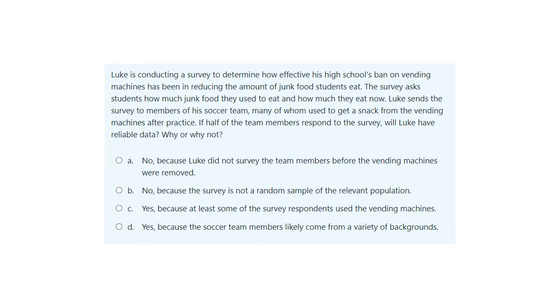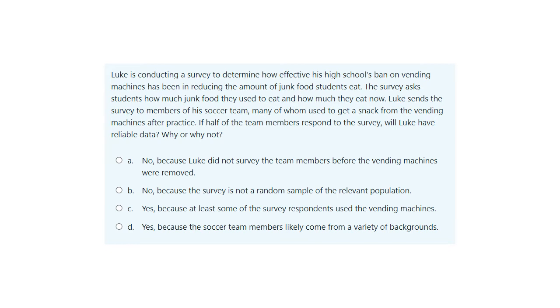Luke is conducting a survey to determine how effective his high school's ban on vending machines has been in reducing the amount of junk food that students eat. The survey asked students how much junk food they used to eat and how much they eat now. So in a school, they used to have machines that sold food, like chocolate, crisps, Coca-Cola, Fanta, those kind of machines where you put money in and the food comes out of the bottom.